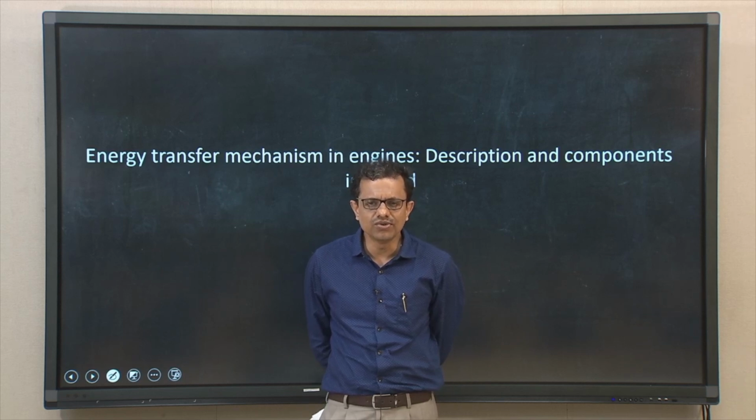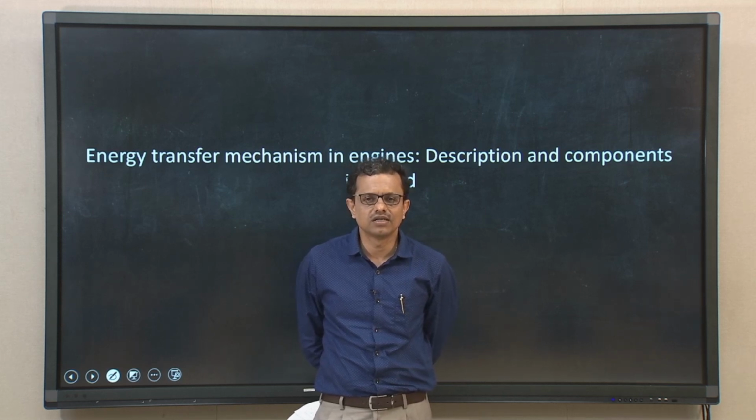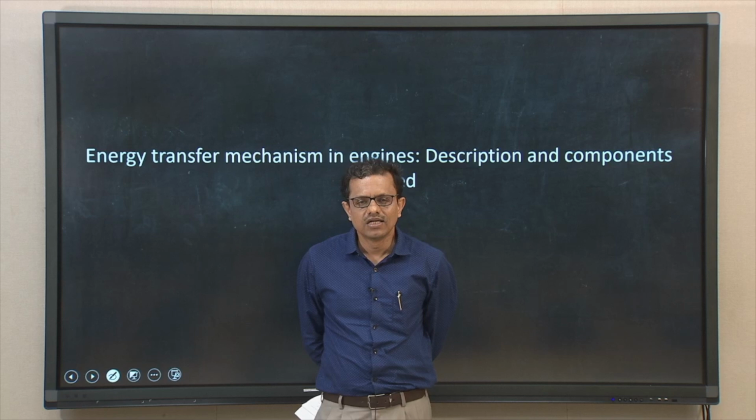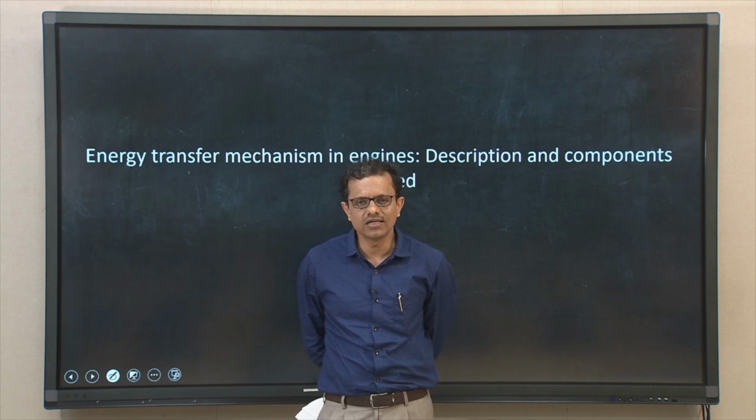So, what we do is, we need to supply a fuel air mixture if it is an SI engine. If the engine is of compression ignition type, then we need to supply fuel and air separately.